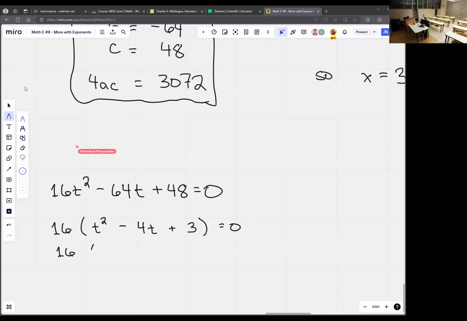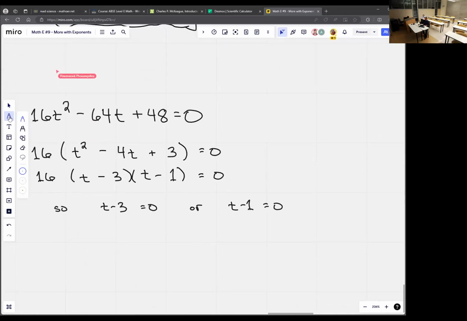And then done my factoring and said this is t minus 3 and t minus 1. So t minus 3 equals 0, or t minus 1 equals 0. That means that t would be 3, or t would be 1.